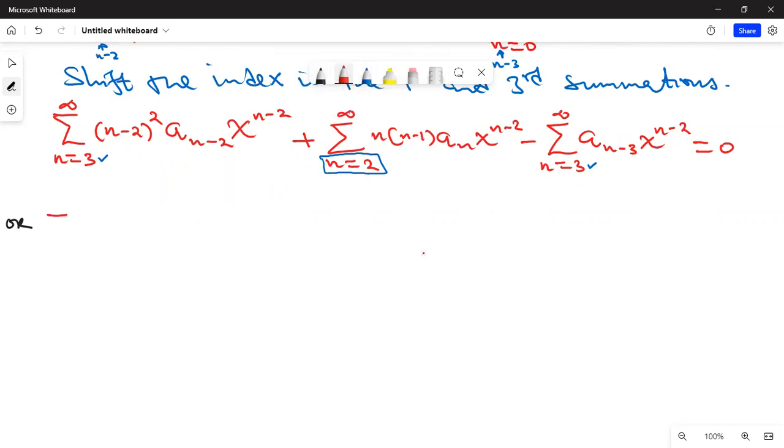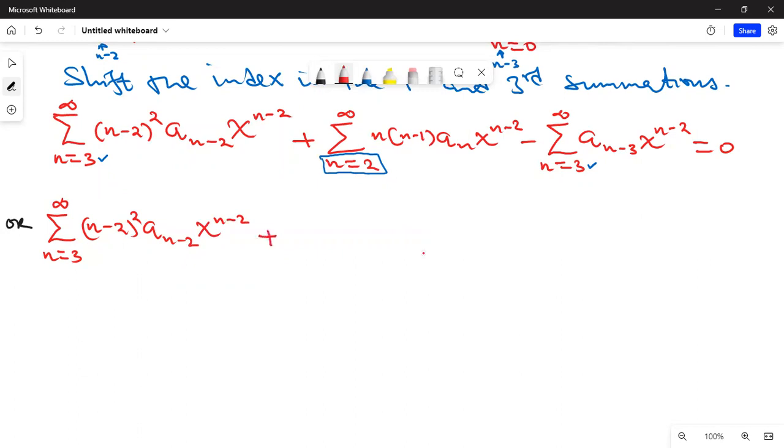So this thing can be written as the sum for n is equals to 3 to infinity, n minus 2 squared, a n minus 2, x raised to n minus 2. Then the other one, we will have a plus.